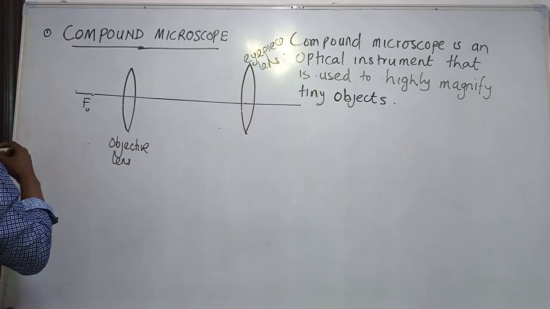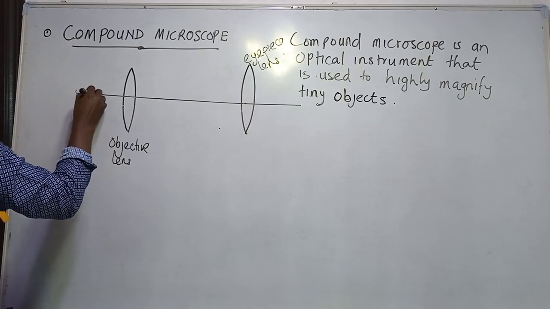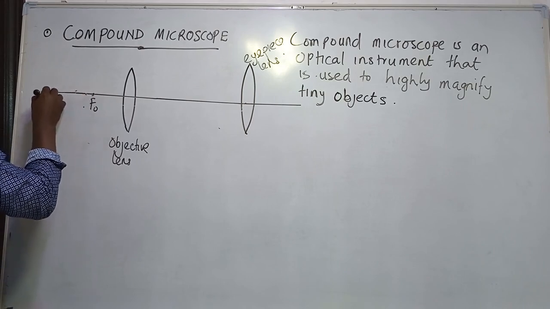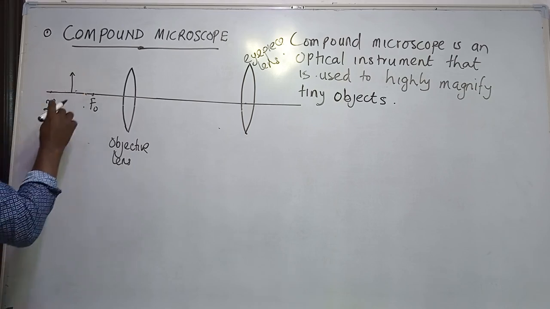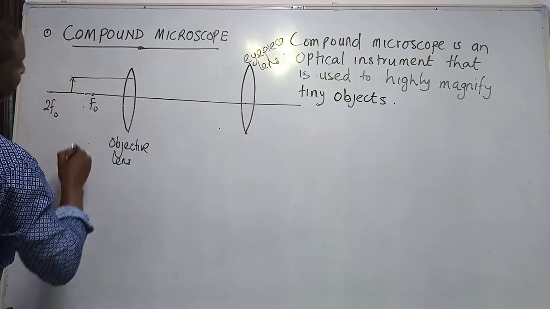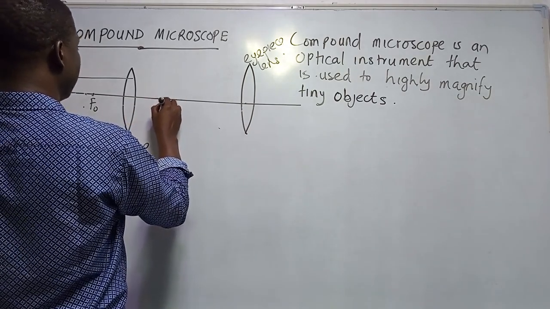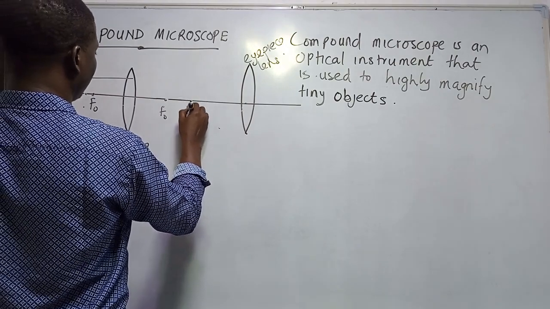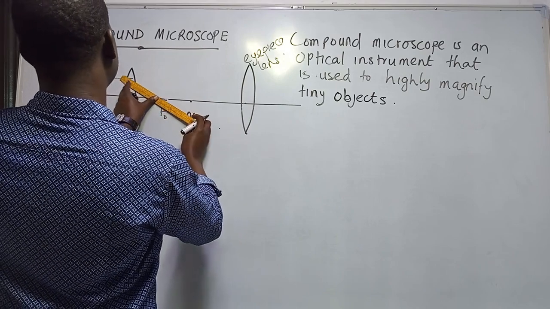So if you place an object, let's say this is F naught, and then we have two F naught here, and the object is placed here. It will move this way, passing like this.